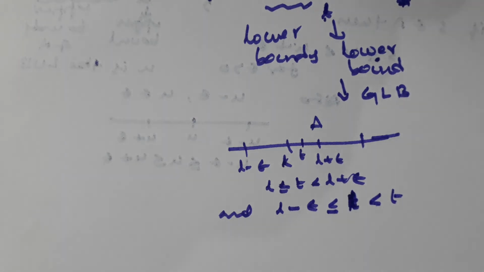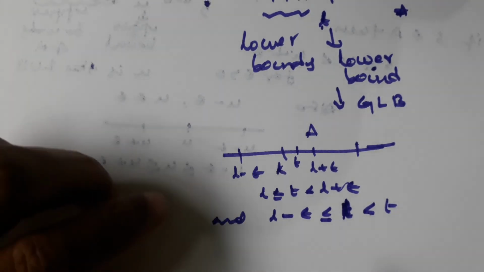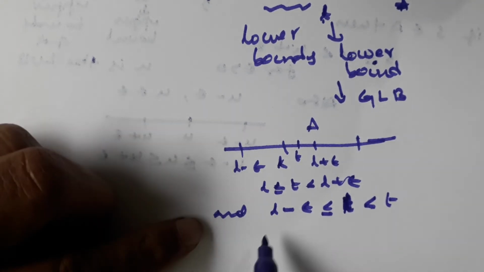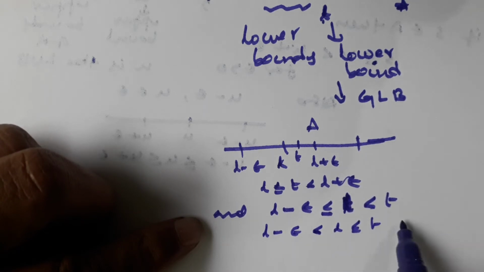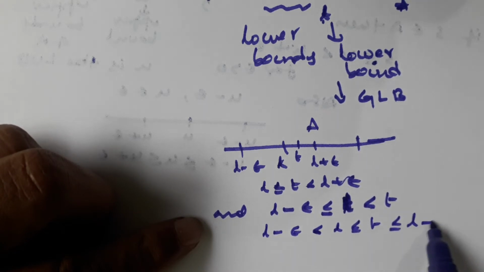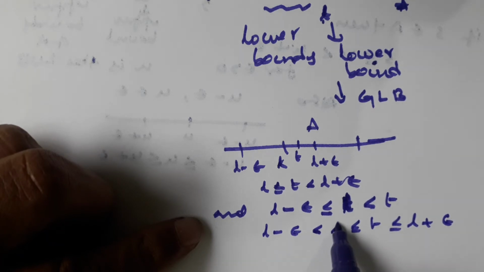See that the conditions. Whereas again this t is less than L plus epsilon. So finally it will be L minus epsilon is less than L is less than or equal to t is less than or equal to L plus epsilon. These are all the inequalities.